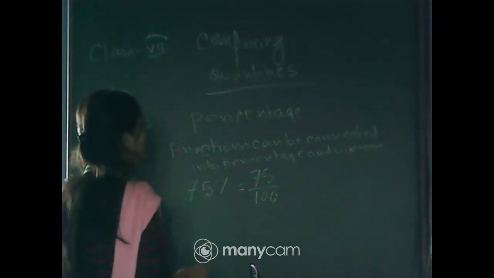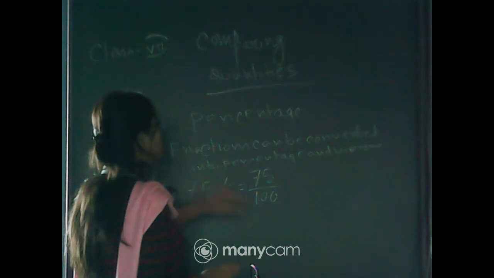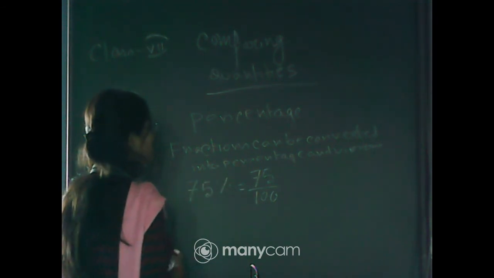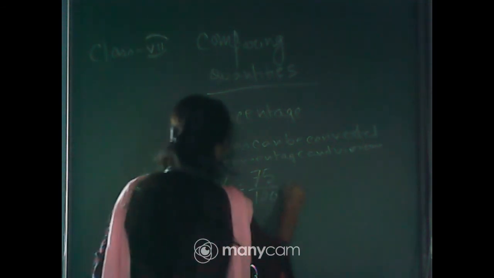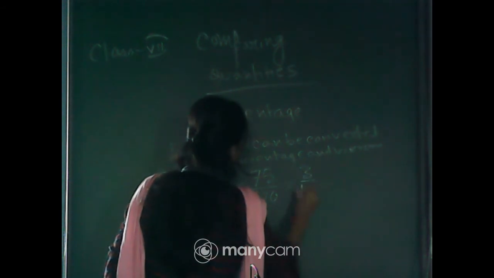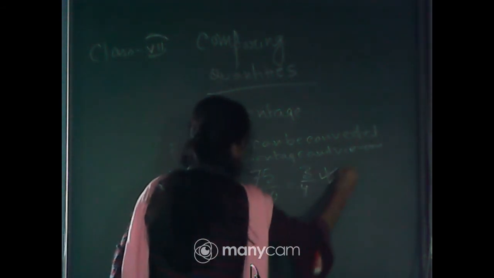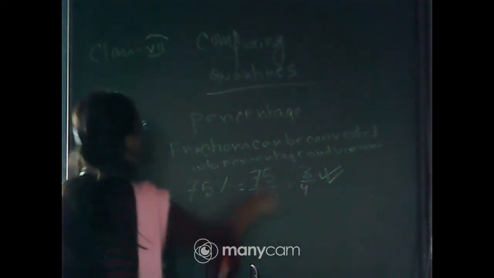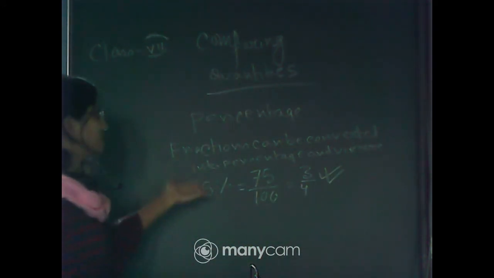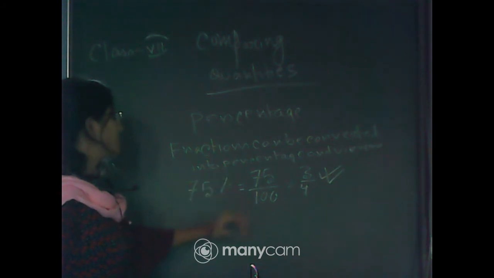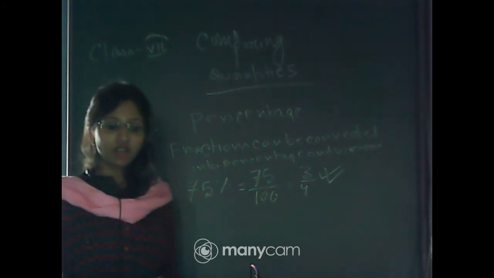Now we divide both the numerator and the denominator by 25 and we get 3 by 4. This is a fraction, and it is a proper fraction. So, percentages can also be converted into fractions.